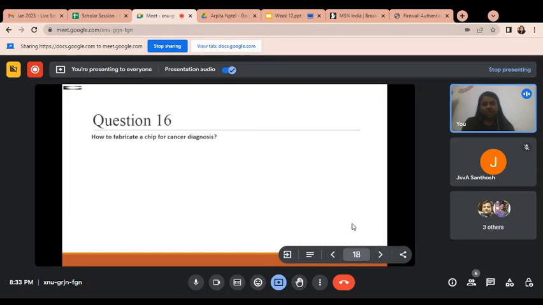And the next question is how to fabricate a chip for cancer diagnosis. It is similar to the pressure sensor, whatever we have discussed earlier, but there is an extra portion, some tip is present.